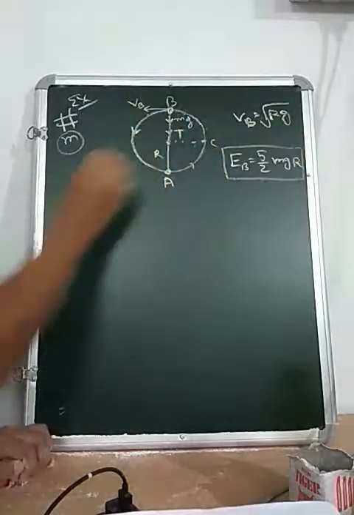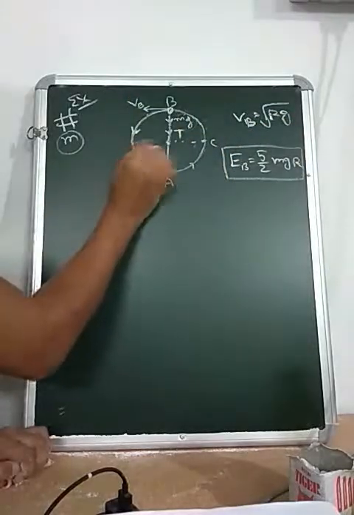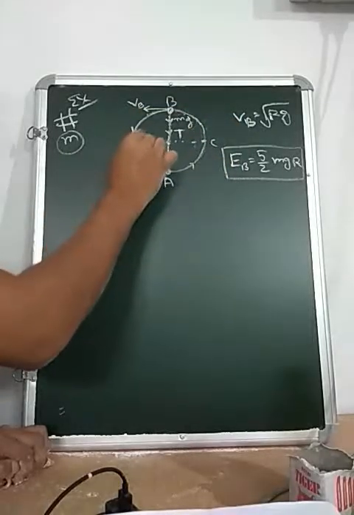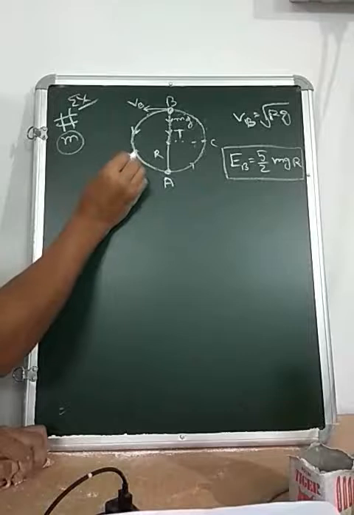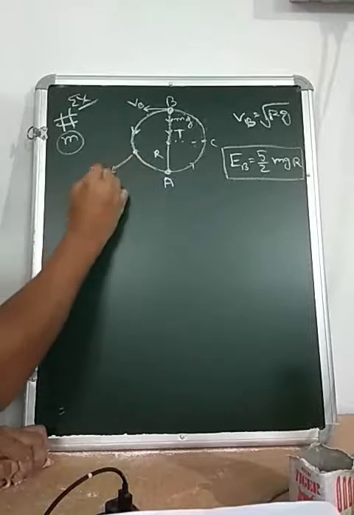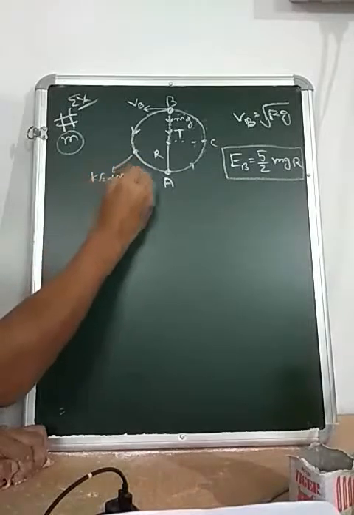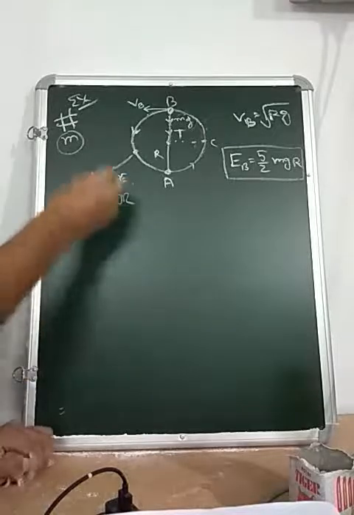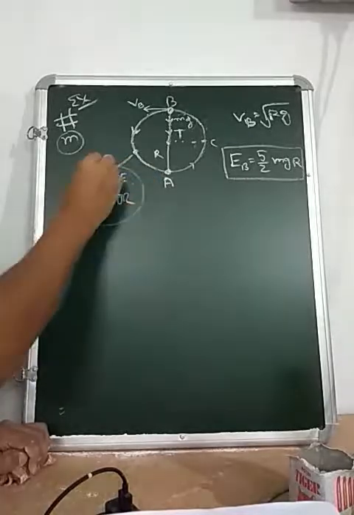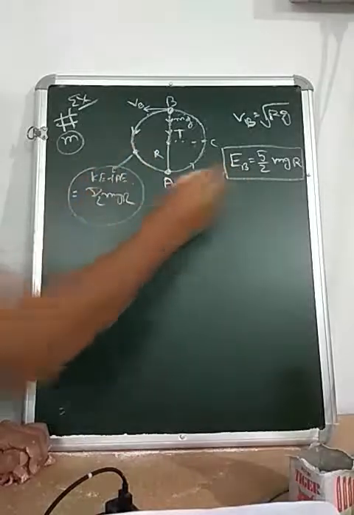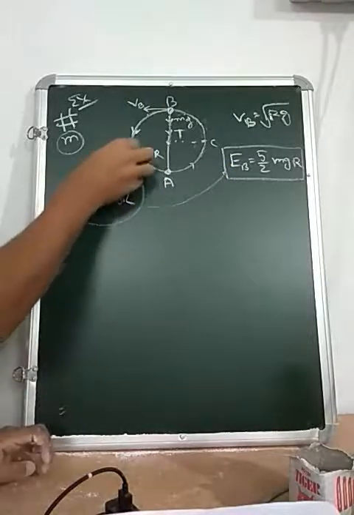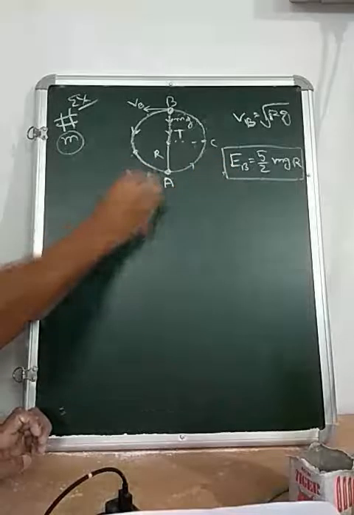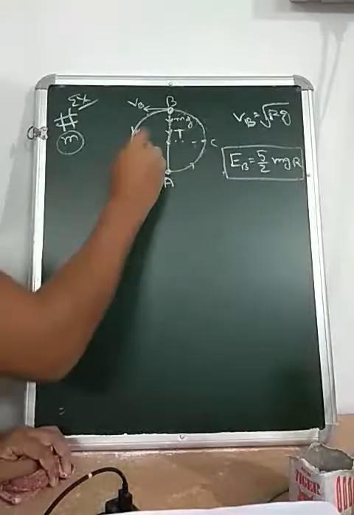If we take any position during its path, suppose at this position, if you calculate the total energy, kinetic energy plus potential energy, we will get 5/2 mgr. At any point, the total energy of the body will be this much, 5/2 mgr. From the law of conservation of energy, you can say that.